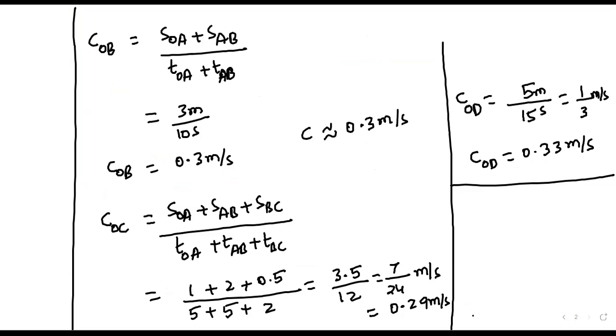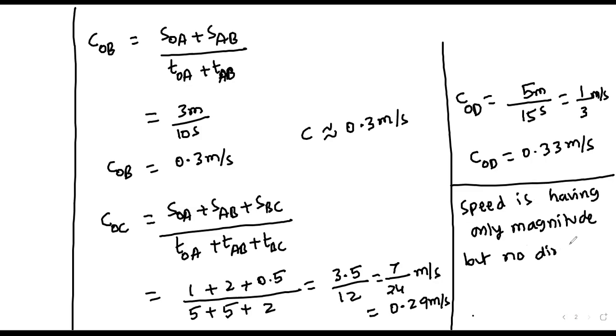That's why we say whenever the particle moves in a straight line, speed is uniform. Speed has only magnitude, but no direction.